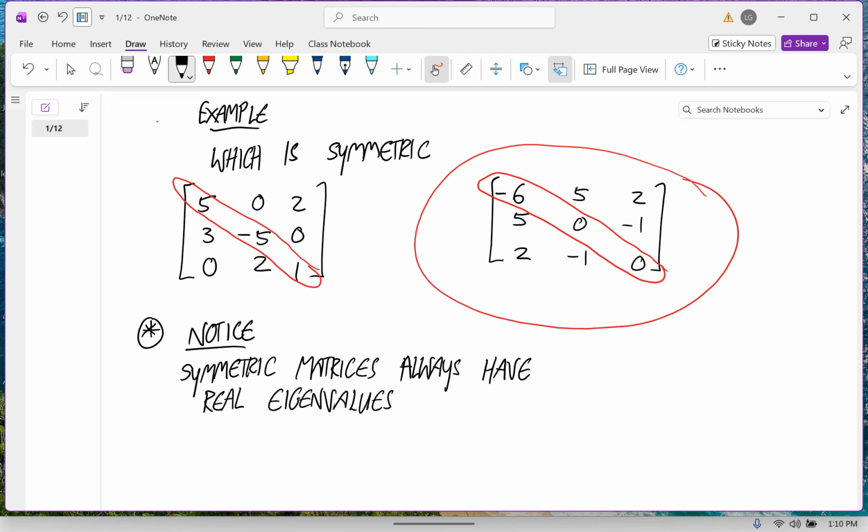In general, eigenvalues are complex numbers, but if you have a symmetric matrix, the eigenvalues are real numbers. That's going to have significance for us, because we'll be doing eigenvalues of stress tensors, which are symmetric matrices. And so those eigenvalues for us are always going to be real.